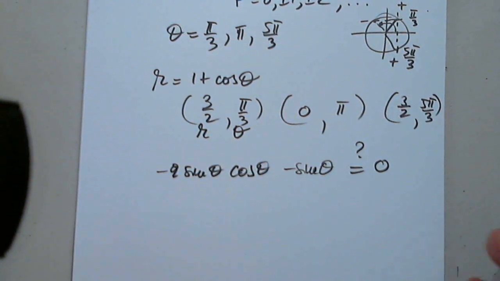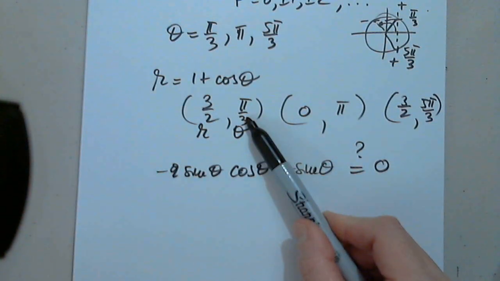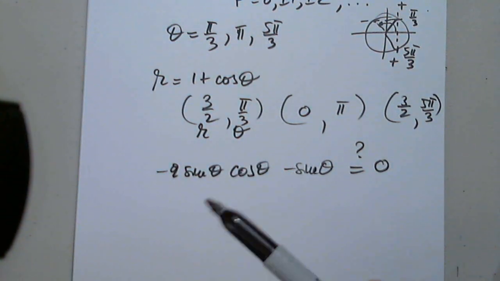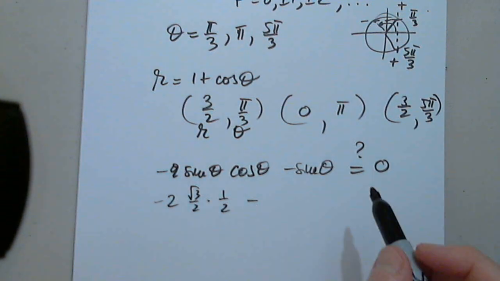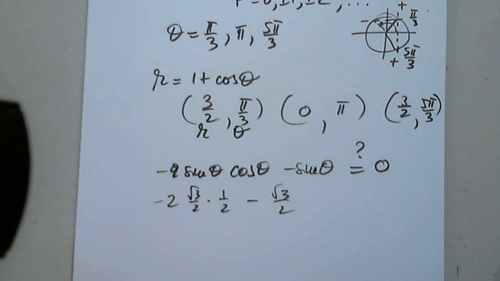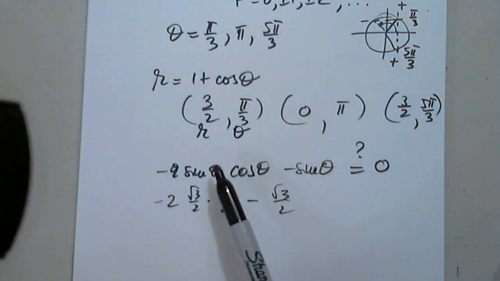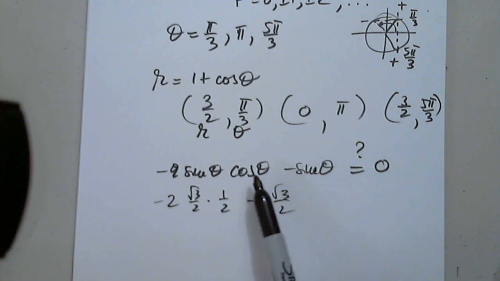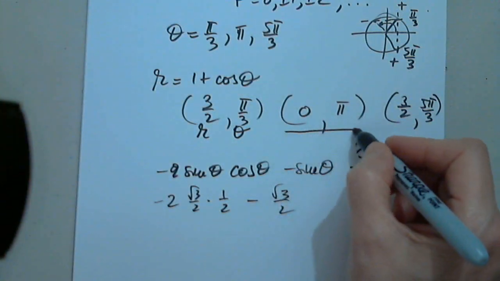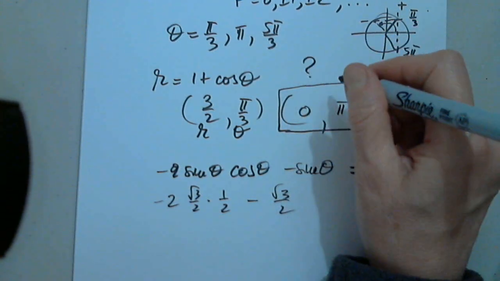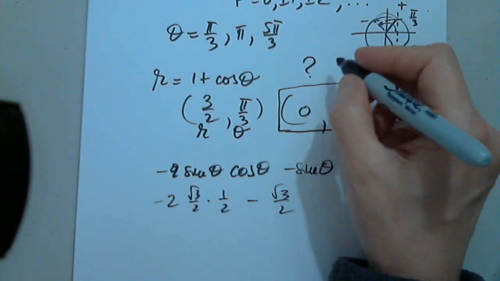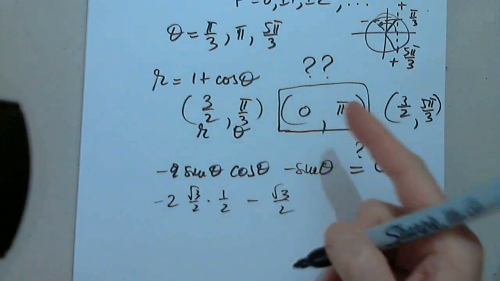So for pi over 3, negative 2 times the square root of 3 over 2 times 1/2, minus the square root of 3 over 2. Okay, so this is not 0. Let's see for pi. This is 0, this is 0, yes. So this has a question mark. It cannot be a vertical tangent and a horizontal tangent, so we have to further investigate this point.